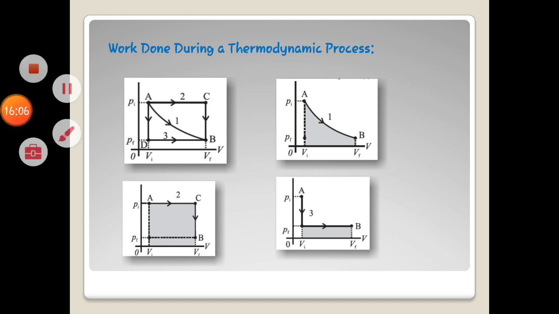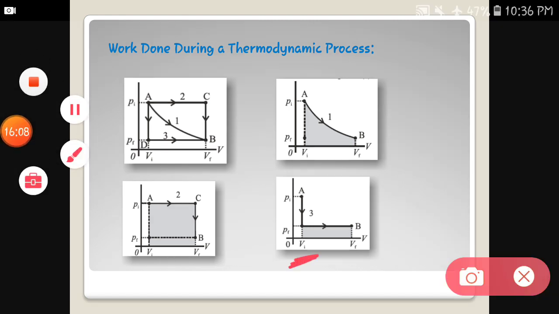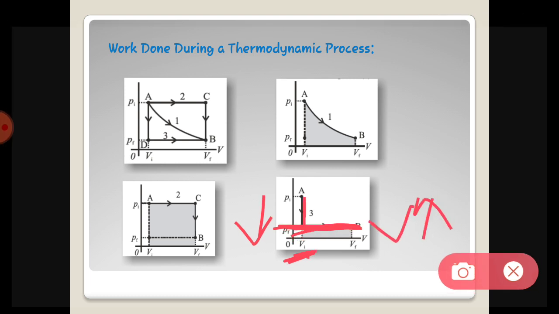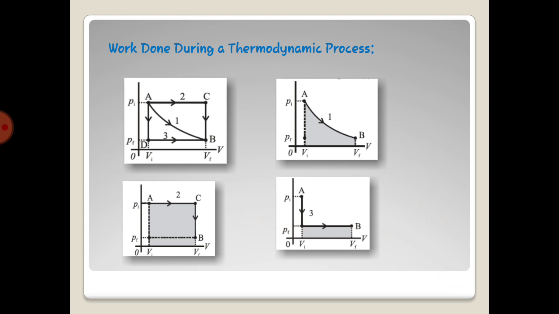Here you can see volume is same while moving from A to D, but pressure decreases. Now that has to move towards B. Now the pressure will remain same as it is P over here. Pressure will remain same and V increases. So the area under this will give you the value for work done.